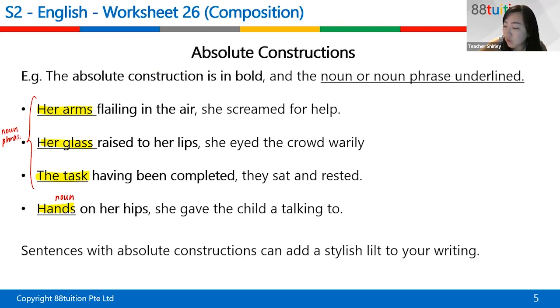Noun phrases usually comprise either a pronoun or an article. The is an article. So these are noun phrases, and then you might also want to construct using -ing, -ed, or past participle, having been completed. Okay, so this is actually a participle, right?